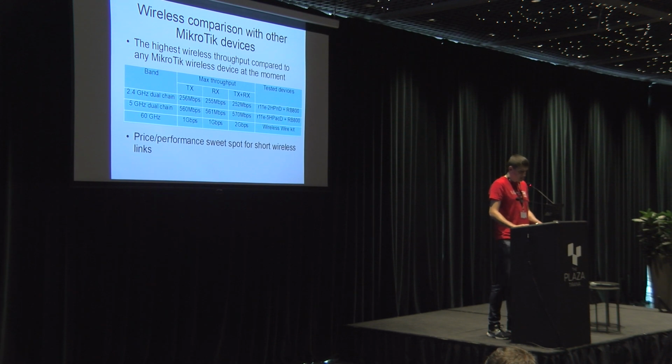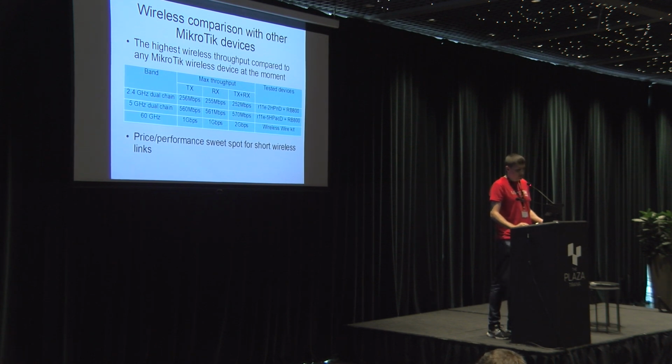Here you can see a wireless comparison with other MikroTik devices. It has the highest wireless throughput compared to any MikroTik wireless device at the moment. If we test a 2.4 GHz dual chain device, it can achieve transmit 256 megabytes per second and receive 255 megabytes per second.